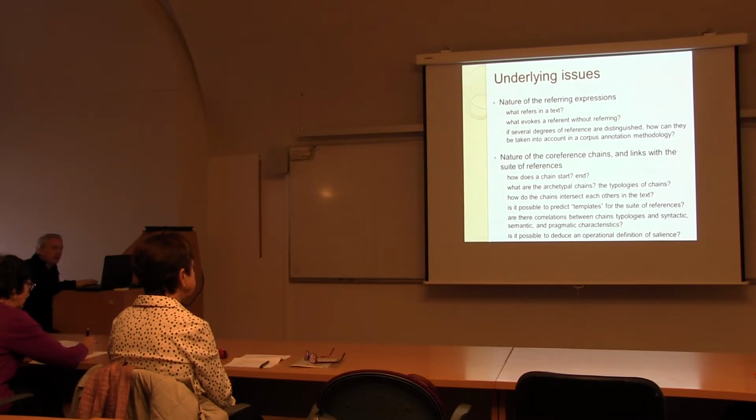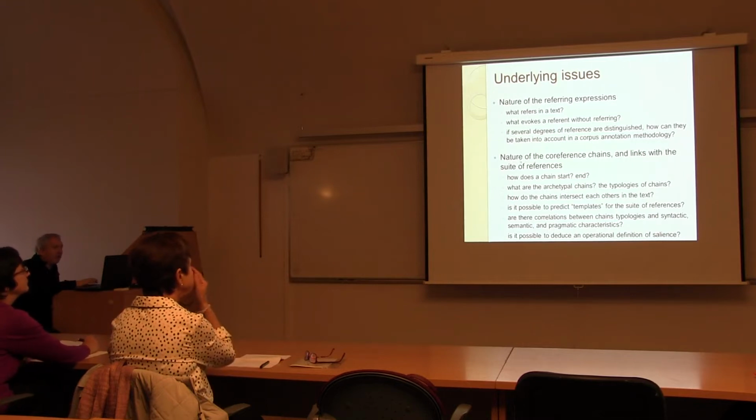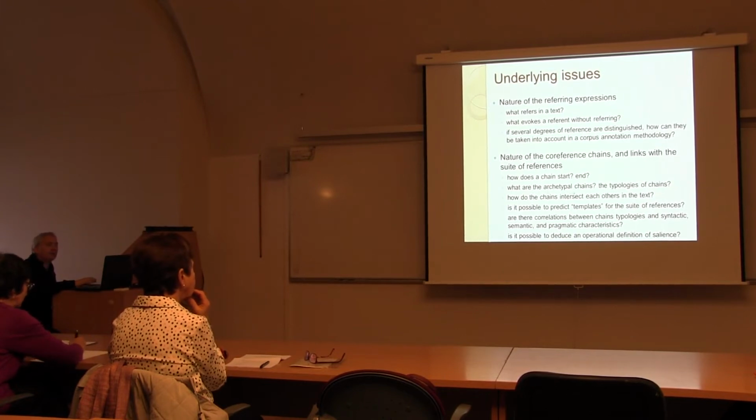When we study coreference chains, there are a lot of questions that arise, like how does the chain start? How does the chain end? What are the archetypal chains, for instance, a proper name and then a succession of third-person pronouns?